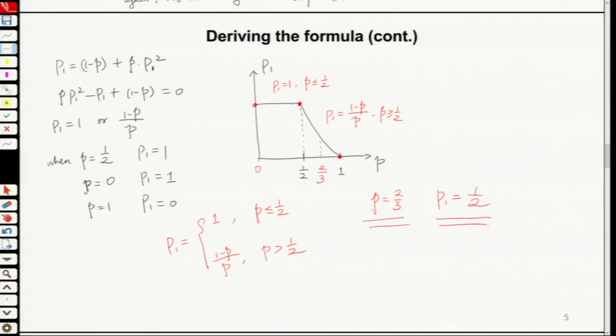So what does this mean? How do we interpret this figure? That means if the drunk man has half probability to go left and half probability to go right, he will definitely get absorbed. What does it mean, get absorbed? Fall off the cliff. He definitely will. And if we want this drunk man to have a 50% probability to survive, then his probability to go right, away from the cliff, should be at least 2/3.